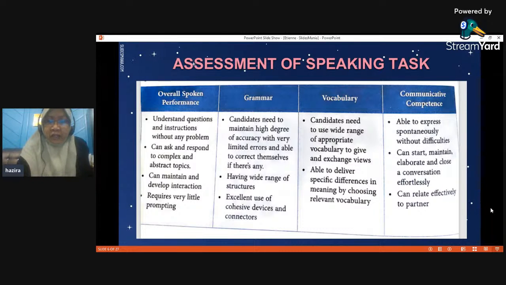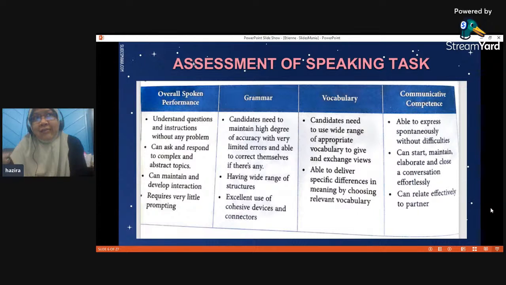For vocabulary, it refers to your ability again to use vocabulary in order to convey or deliver your meaning. The choice of words is really important when you want to speak on certain things.